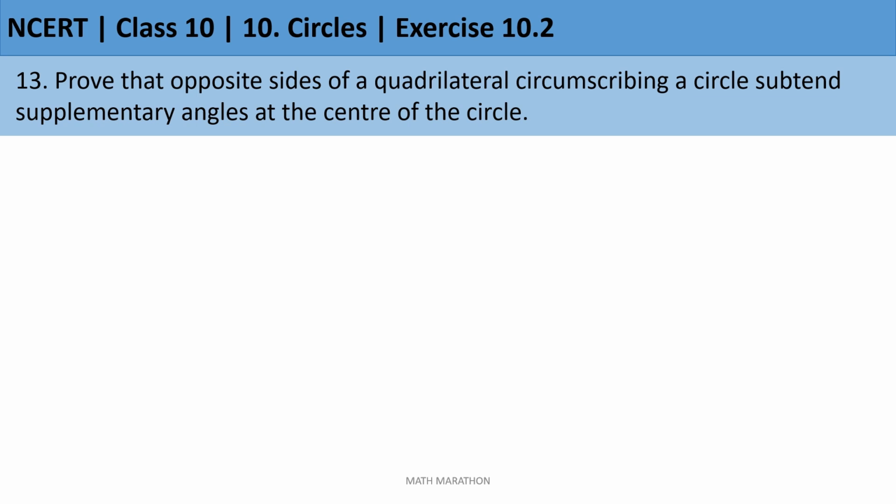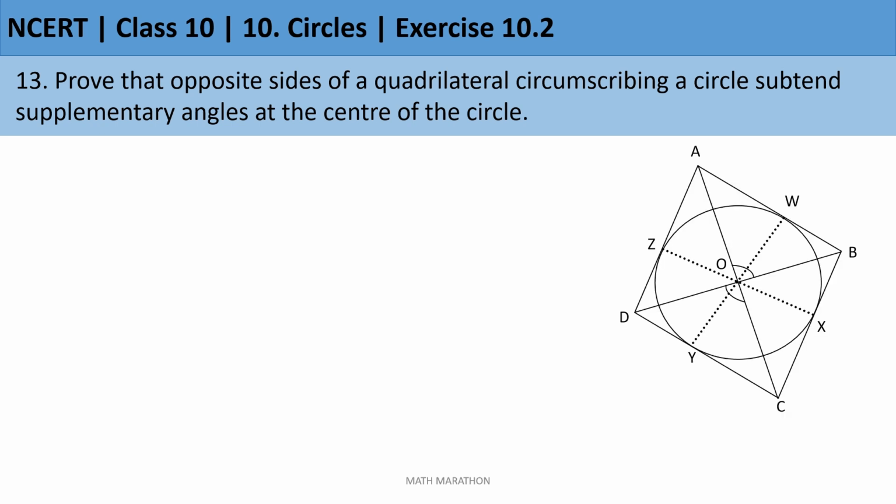Prove that opposite sides of a quadrilateral circumscribing a circle subtend supplementary angles at the center of the circle. I have drawn a diagram. I have drawn a circle with center O. I have drawn a quadrilateral ABCD circumscribing a circle. AB, BC, CD, and DA are tangents to the circle, and W, X, Y, and Z are points of contact.